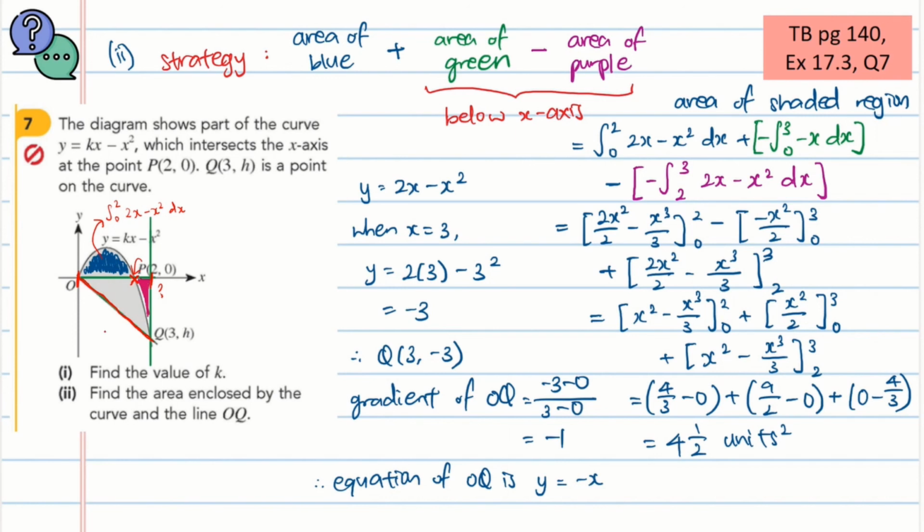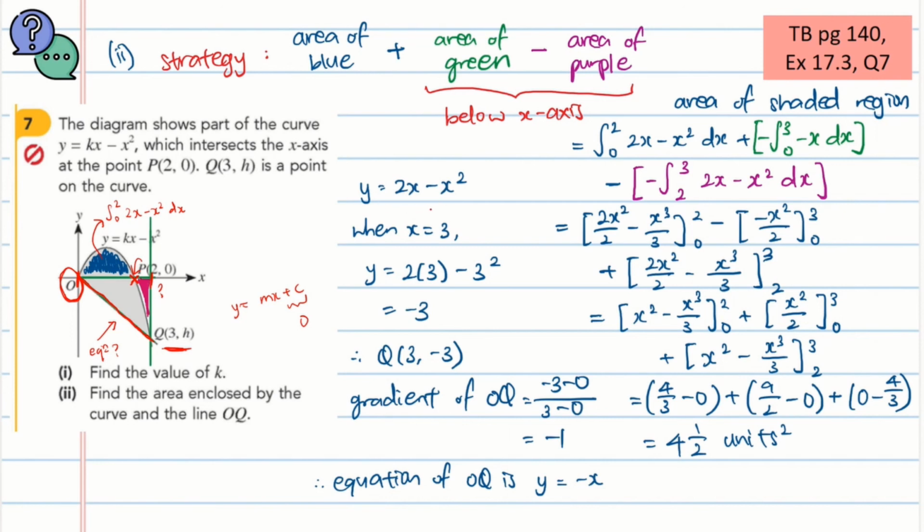So how do I go about finding the equation of this straight line? I will need the gradient. I will need to have one coordinate point as well. But I don't really need one coordinate point, because after all, this line intersects at the origin. This means that in y equals mx plus c, the c being the y-intercept, will have to be 0. So our aim now is to figure out the coordinates of Q, so that I can find the gradient of this straight line, because for the gradient I definitely need two coordinate points.